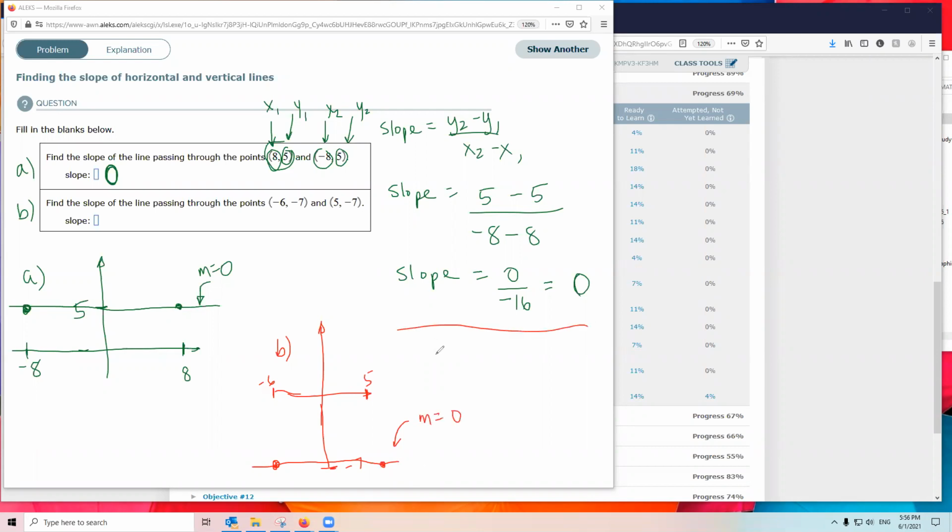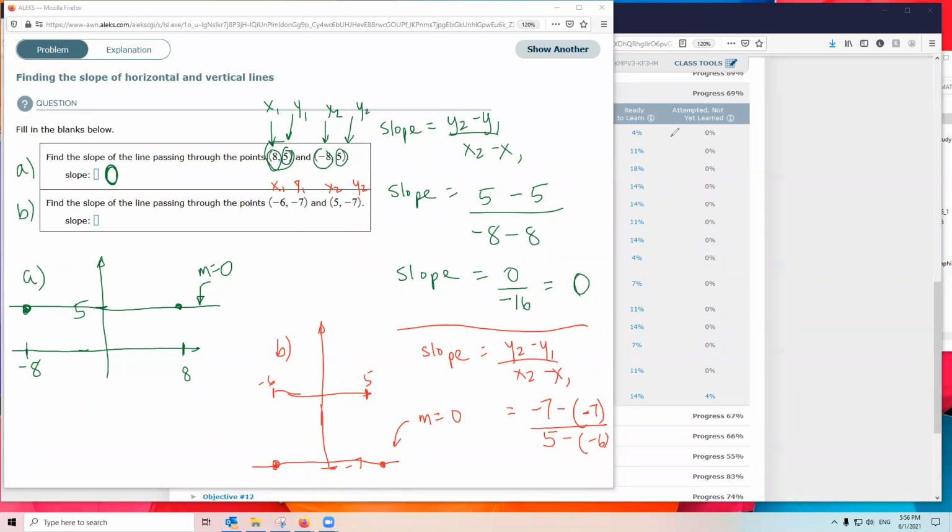Again, if I wanted to plug into the slope formula, it would be y2 minus y1 over x2 minus x1. Here's x1, here's y1, here's x2, here's y2. I'll plug in. y2 is -7, subtract y1. y1 is also -7, over x2, which is 5, and x1 is -6.